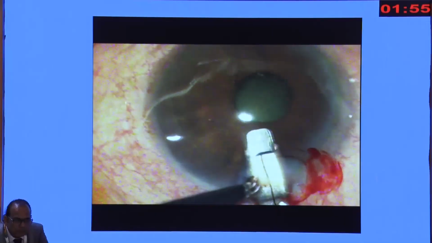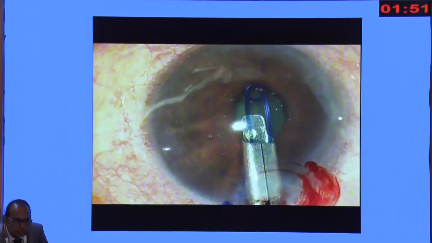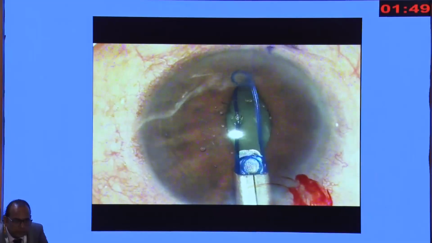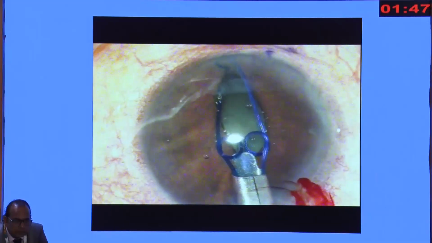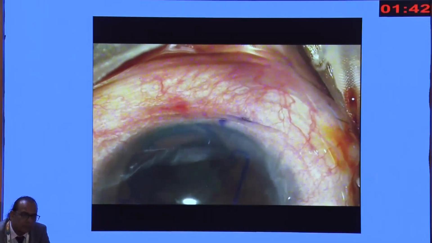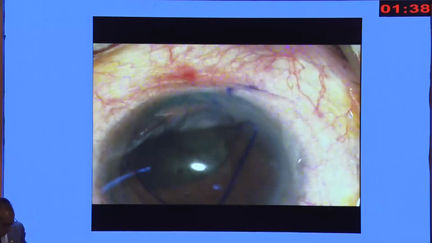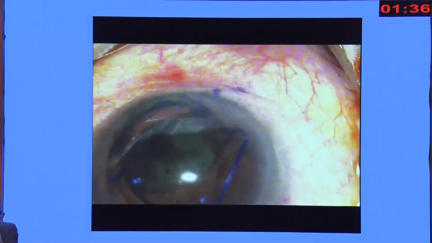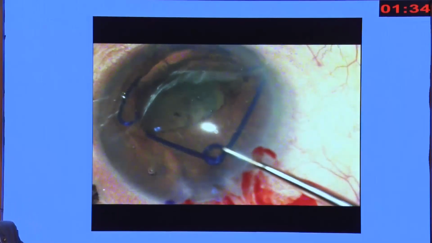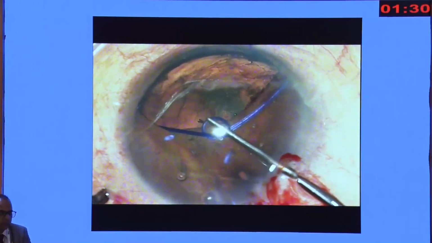It is very important to keep one ring of the Malyugin ring just below the main port so that your iris never comes in front and touches the phaco probe. The Malyugin ring is then centered.